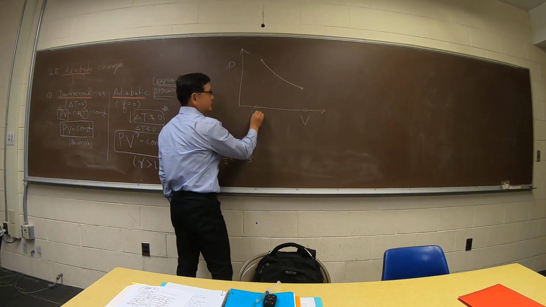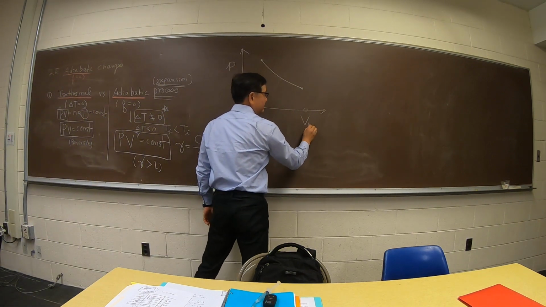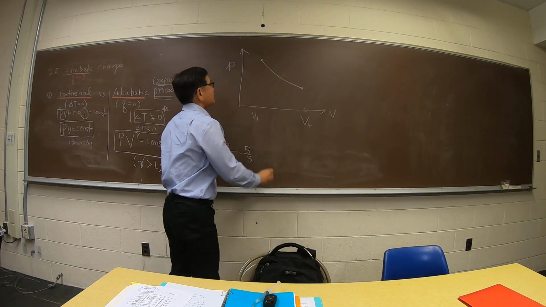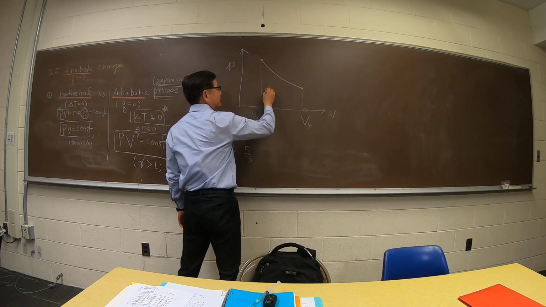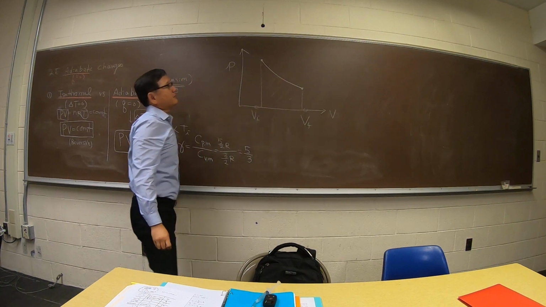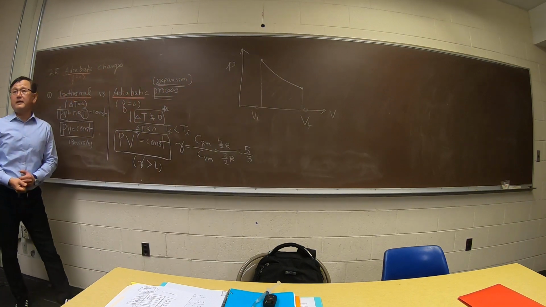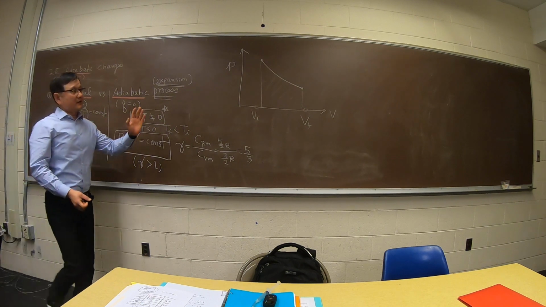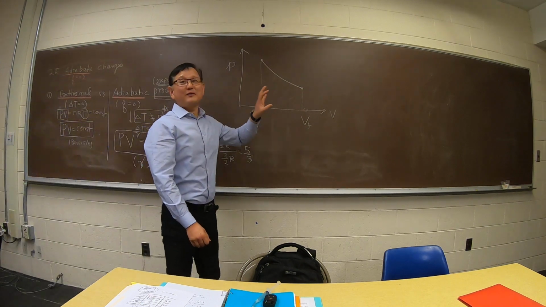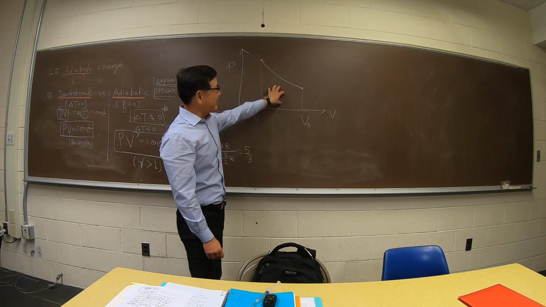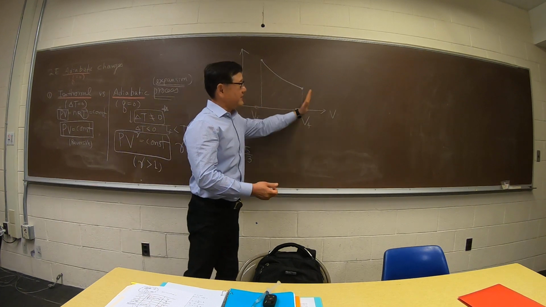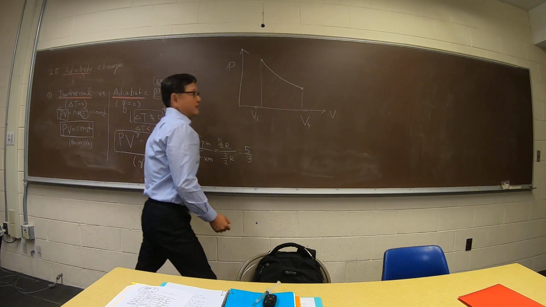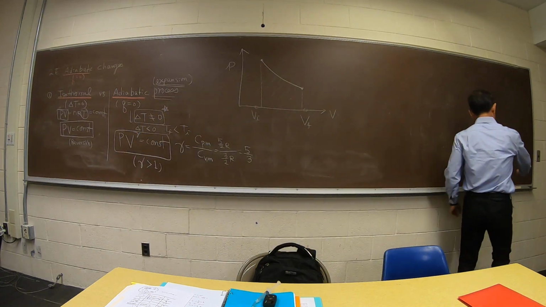So this is the initial, this is your final, and this is your volume. I like this because the area under the curve represents the work. To be clear, the area corresponds to the magnitude of the work, because the work on expansion is a negative number, and we don't want to be tricked by this.